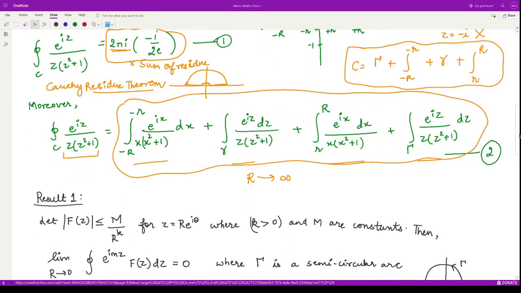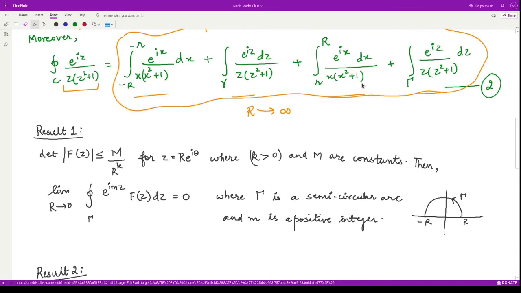And so in order to solve these integrals, we have two results. The first result says that if the modulus of any function is less than or equal to M divided by r raised to power k, where this M and this k both are constants and this k is strictly greater than 0, and what is this r?